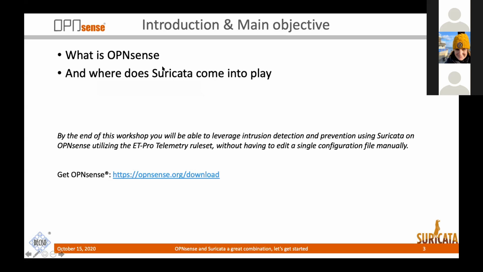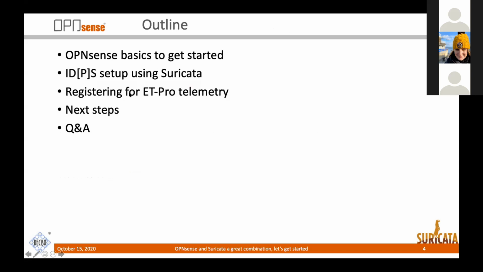OPNsense is a full-blown open source firewall, router, and security platform. With its comprehensive feature set, it directly competes with large commercial players like Cisco, Palo Alto, Juniper, and others. Whatever the requirements for your network are, it's very likely that OPNsense can play a major role.